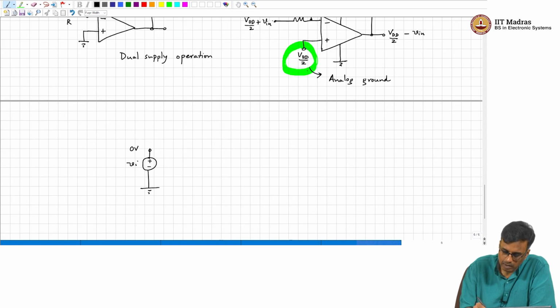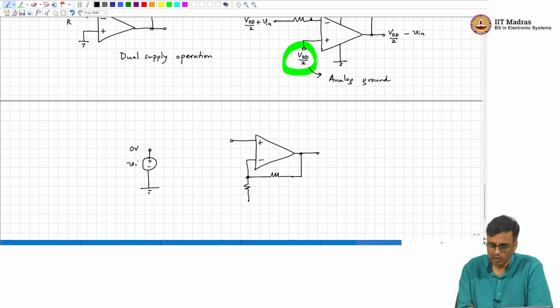Okay, but now your op amp amplifier, or even let me take another example. Let us say this is a non-inverting amplifier operating with single supply. What should the node voltage be connected to?